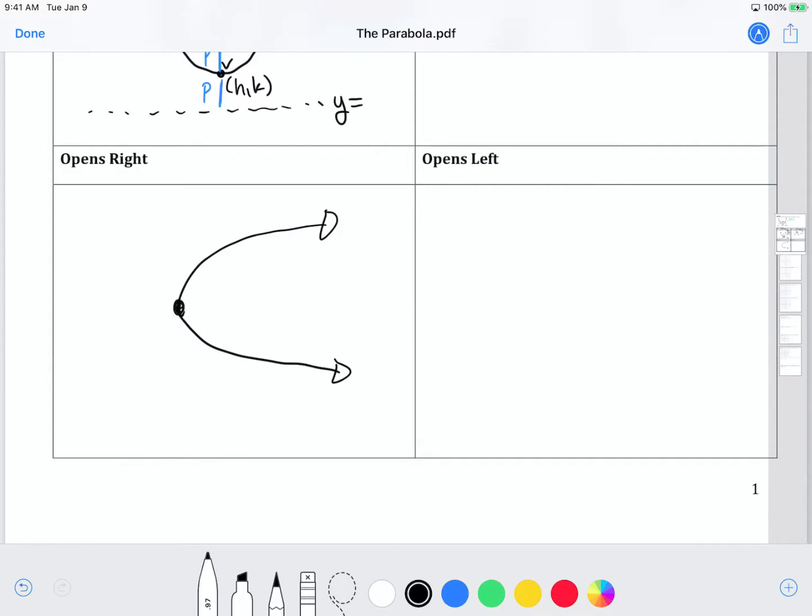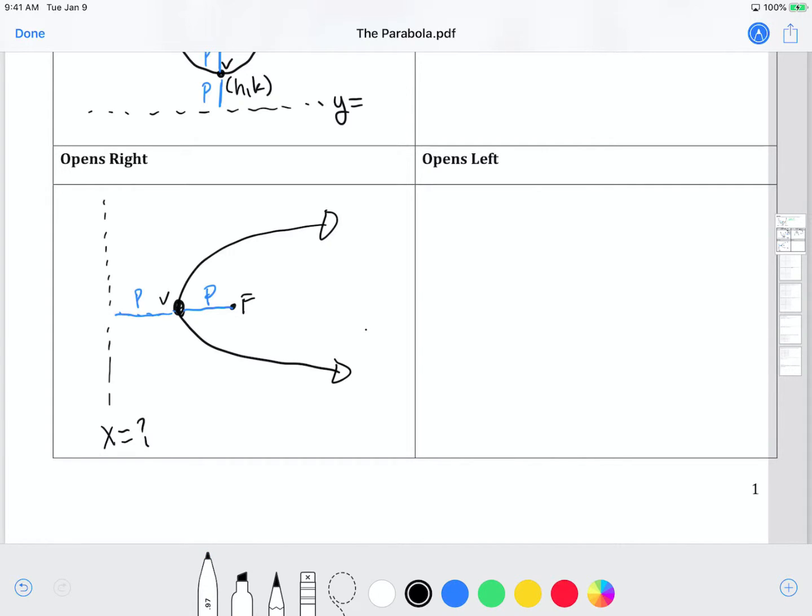So in the case that it opens right, the vertex is still in the same position. You would still have a focus on the inside of the parabola, a distance of p from the vertex. But your directrix now will be a vertical line, x equals whatever number that is, and it will be a distance of p from the vertex.